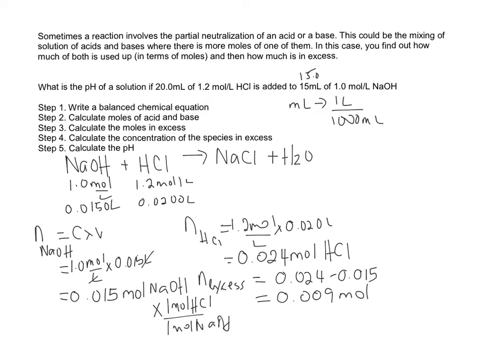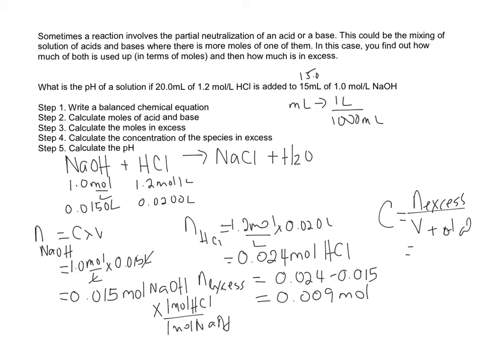Now we have to figure out the concentration. We had 15 milliliters. We added it to 20 milliliters, so our total volume is 35 milliliters. So to find concentration, it's the moles of your excess divided by the total volume. So it's excess divided by total.